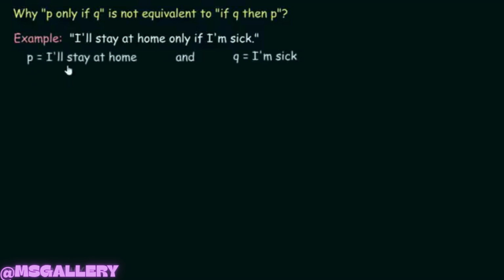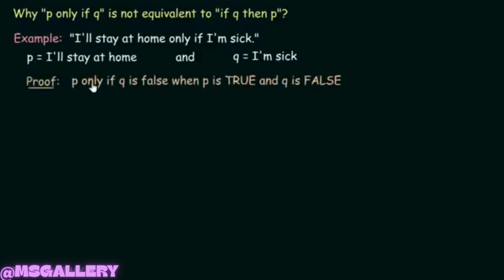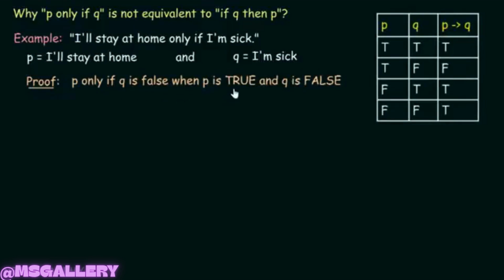Now here P is I will stay at home and Q is I am sick. Now let's dive into the proof. P only if Q is false when P is true and Q is false, right? When P is true and Q is false, then P only if Q is false. Isn't that so?